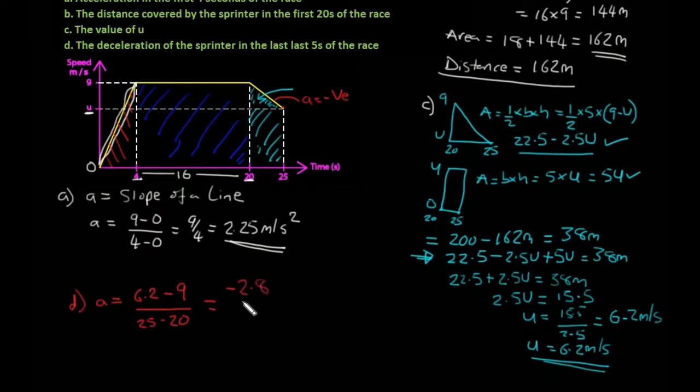We simplify this further and we get minus 0.56 meters per second square. It is minus, that means it is decelerating. So deceleration is equal to 0.56 meters per second square.